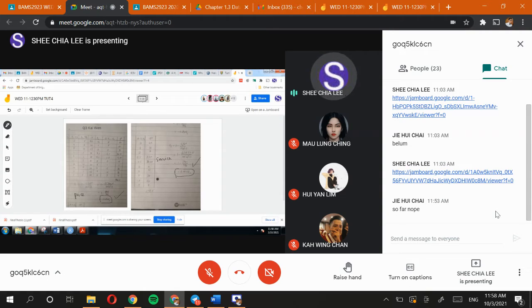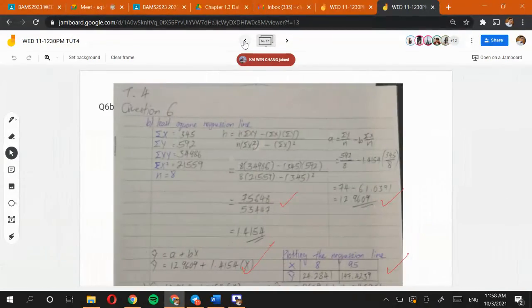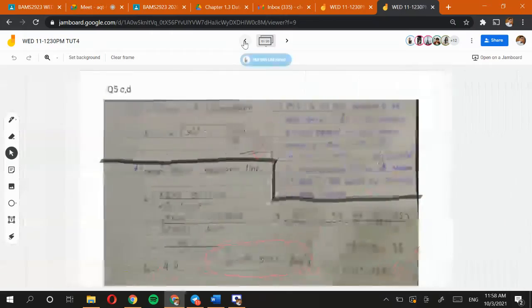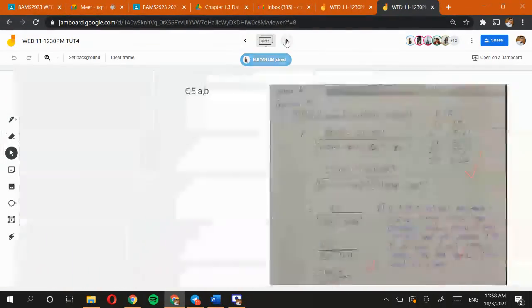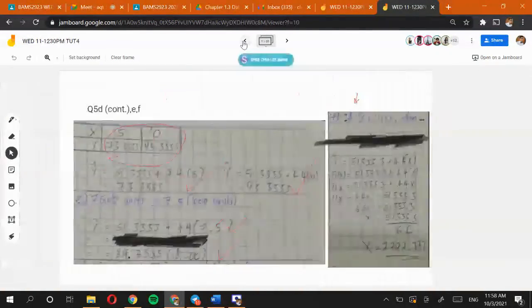Okay, so you can say we can conclude that price of petrol is the more important factor in determining the volume of sales.